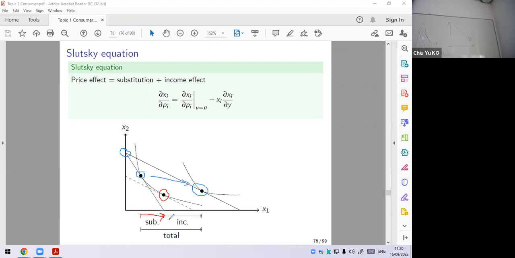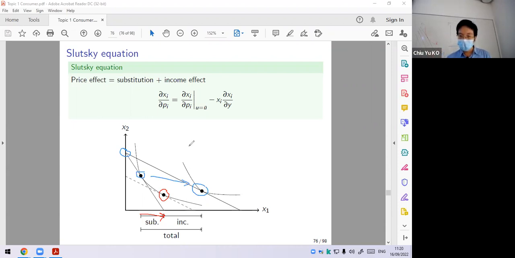Okay, and later you will see, when I talk about it at the end of the slide, actually there's some issue related to what you said. When we talk about compensating variation and equivalent variation, that is actually in your mind. But for demand purposes, we just do this and that. Okay, do the Hicksian compensation, and then substitution, and then do the income effect.